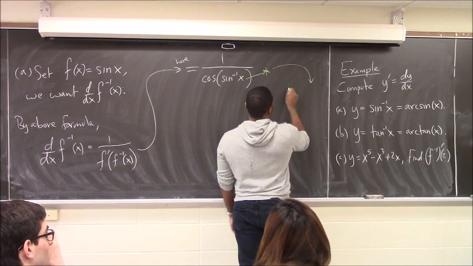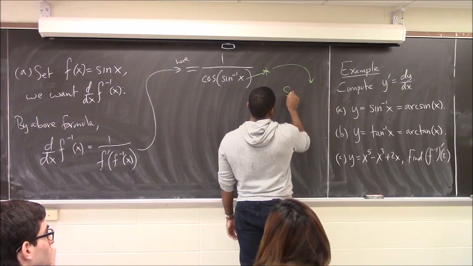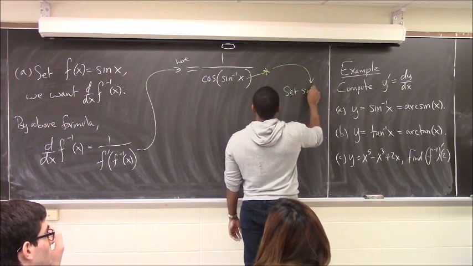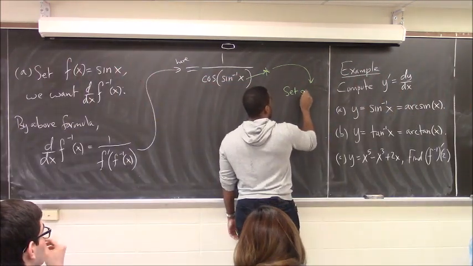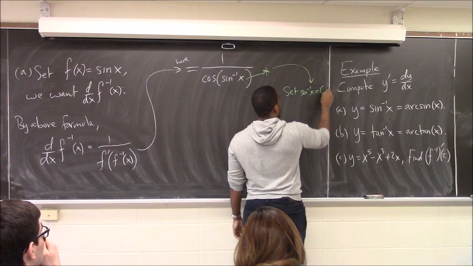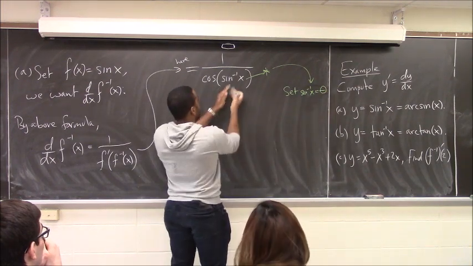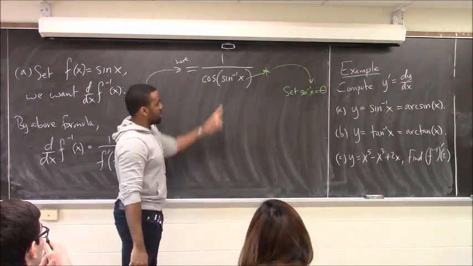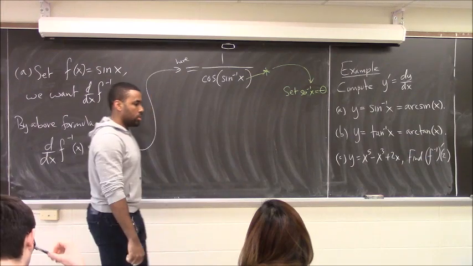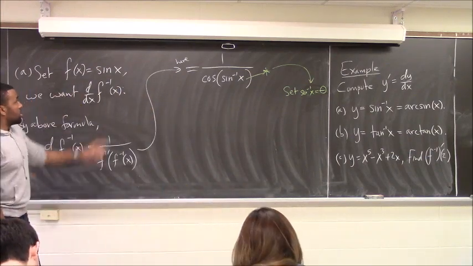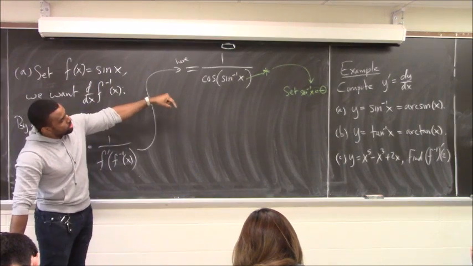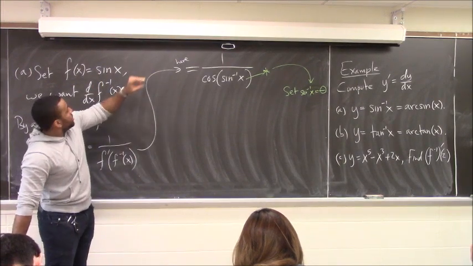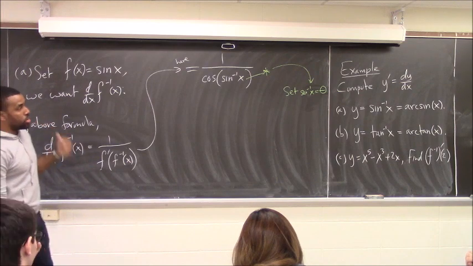So the trick for this would be to do something like the following. You set sine inverse to be some angle, right? Because you're plugging angles into a cosine, which means that your sine inverse is just some angle. The sine function takes an angle as the input, it outputs a real number, so the inverse function is going to take that real number and output an angle.